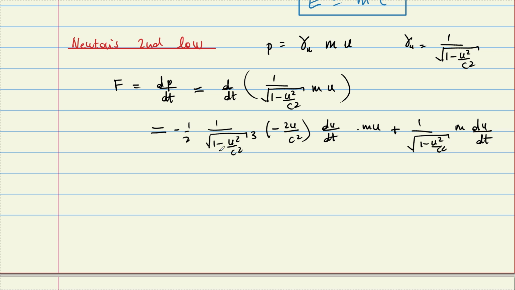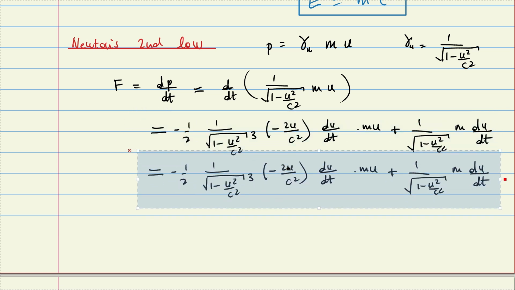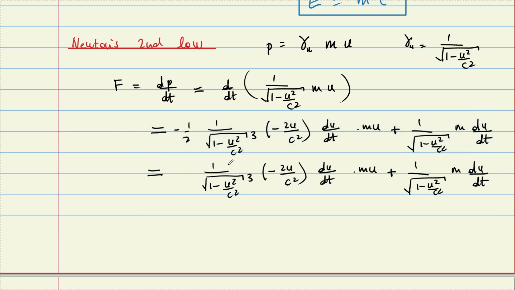Now simplify. So this, okay, let me just copy and simplify so that we can compare what we are doing. So this minus a half is gone with this. And I want to take, what do I want to do here?